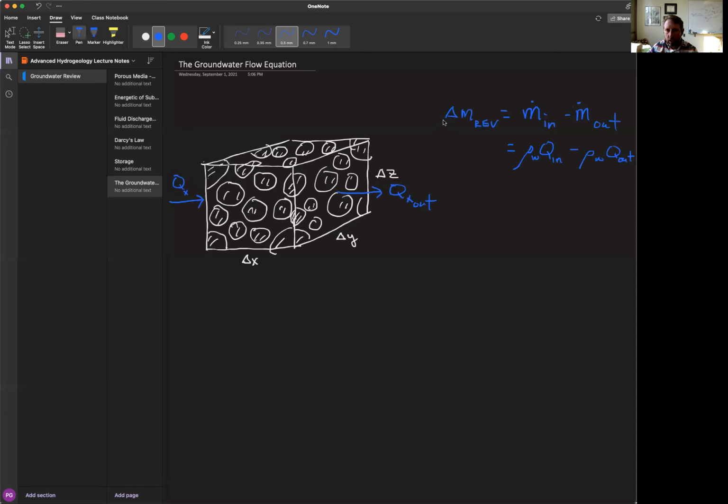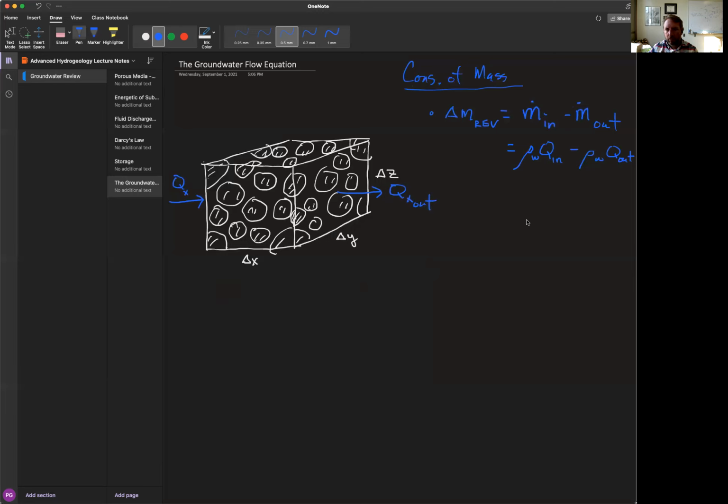All right, so this is our initial conservation of mass statement here. So we're going to start off here.